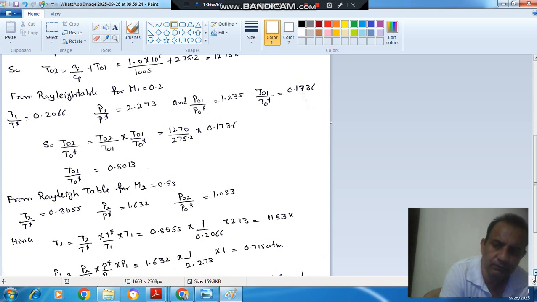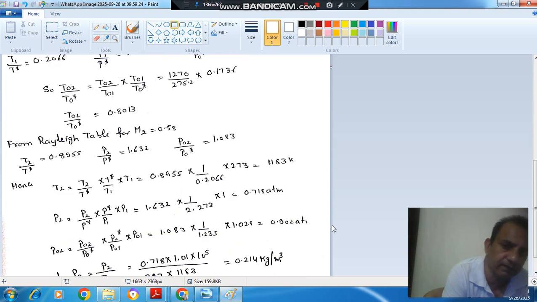So it will come out as 0.718 atmosphere. Similarly, P02 can also be done: P02 by P naught star into P naught star by P naught 1 into P naught 1. That value is 1.083, and P naught by P naught star is 1.235, and this value is 1.028 that we have calculated. So it will come out as 0.90.